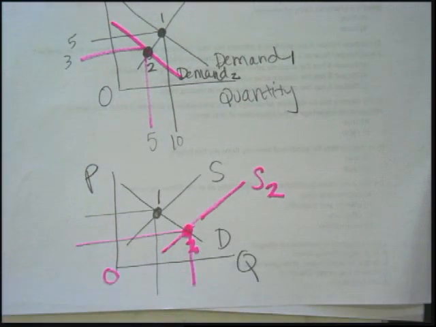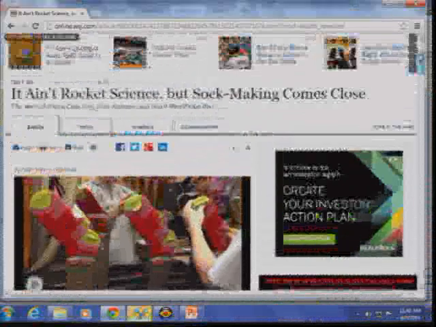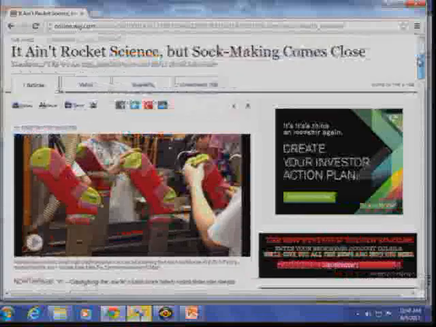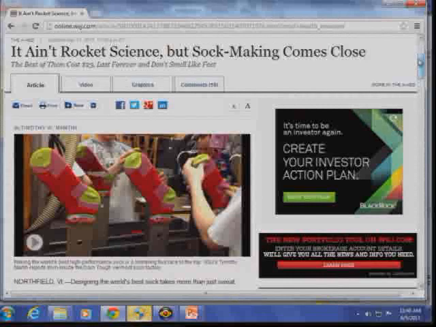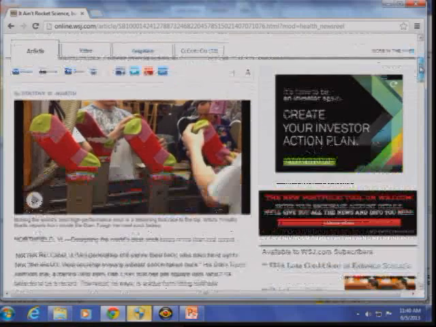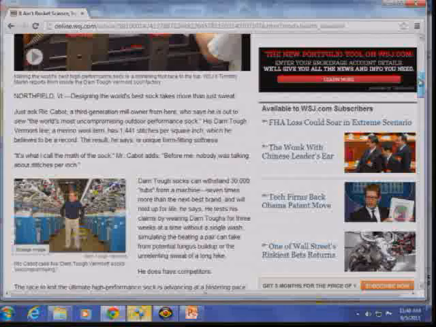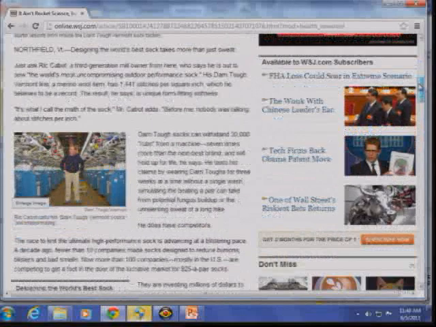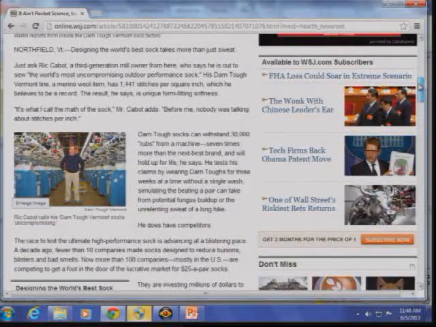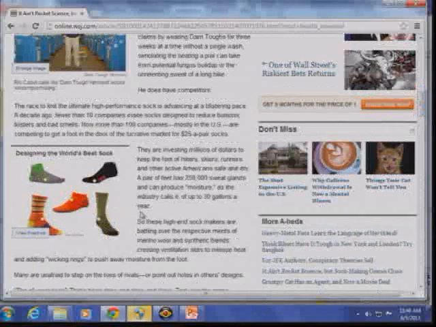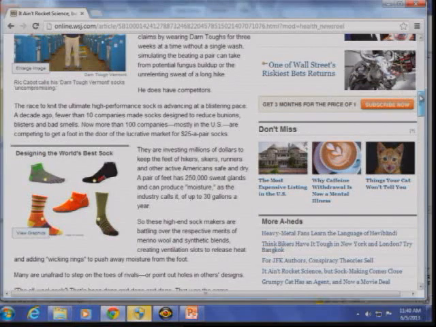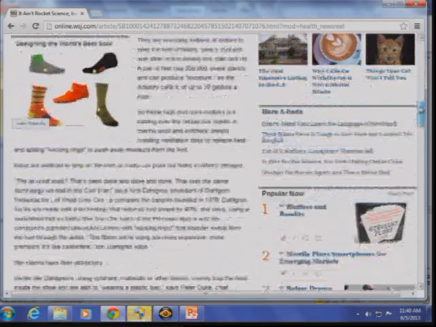And here's another quick example. I posted this on my blog. Sock making. These companies are racing to mass produce the best sock. People who hike a lot get a lot of blisters from regular socks, but they swear by these really good high-technology socks.